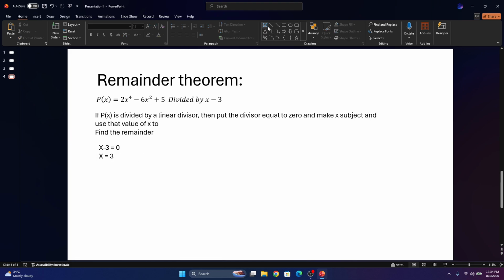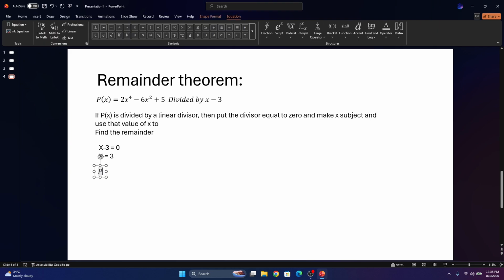So if I put p of 3, as x is 3, we're going to put 3 right here, and that is just going to be equal to 2 times 3 raised to the power 4 minus 6 times 3 raised to the second power plus 5.